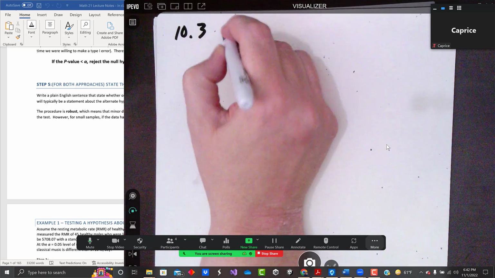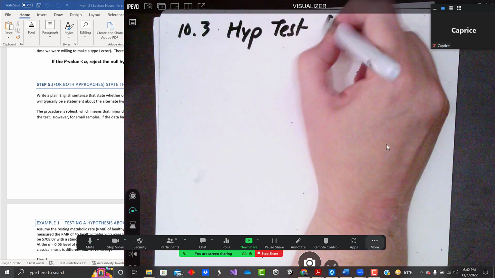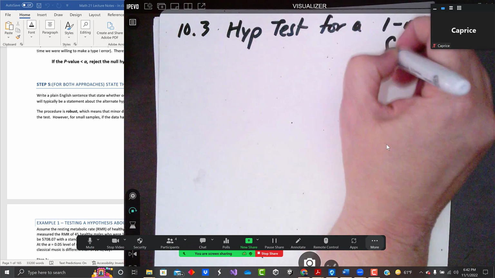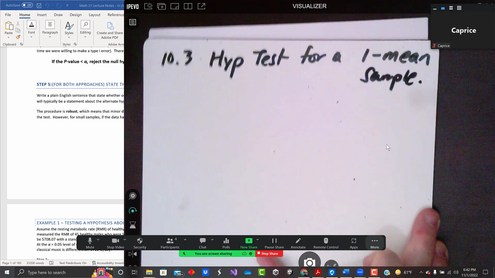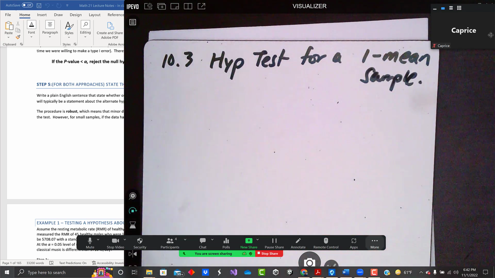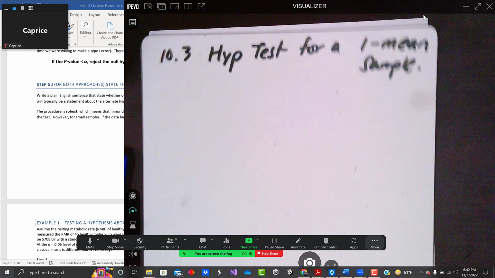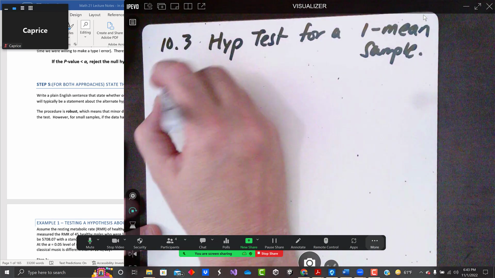So 10.3 was about hypothesis test for a one mean sample. So what's different about this one?